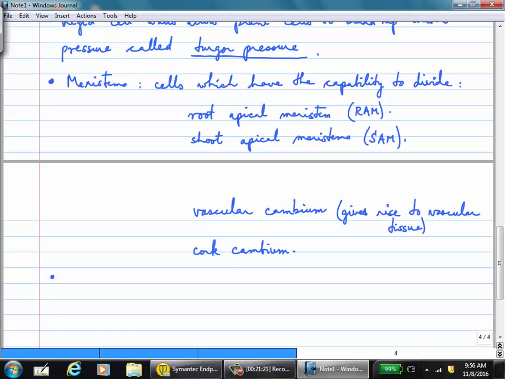Now, as you already know, most cell membranes are made of lipid bilayers. You already know that.